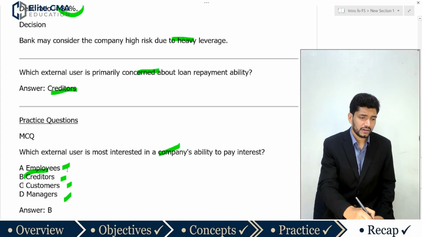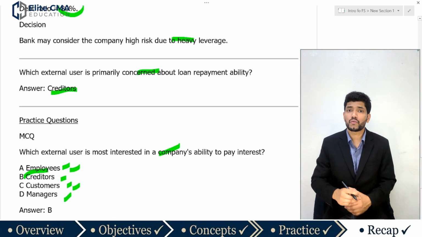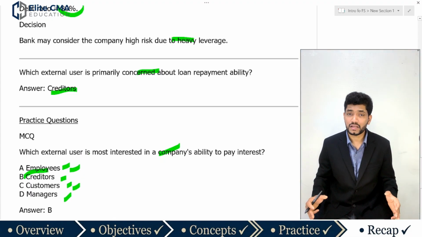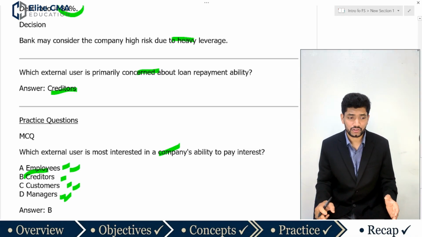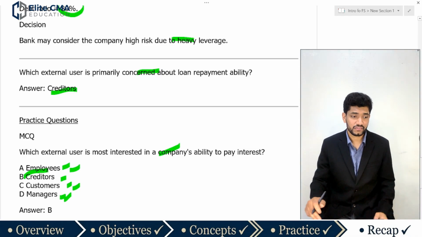Employees are actually internal users, and customers look into the overall liquidity position and financial position of the company, and managers are normally considered internal users of the financial statement.